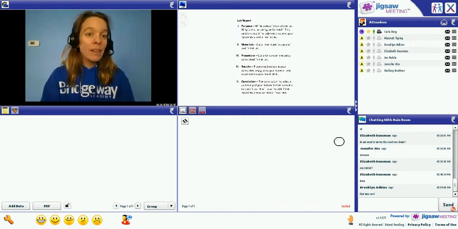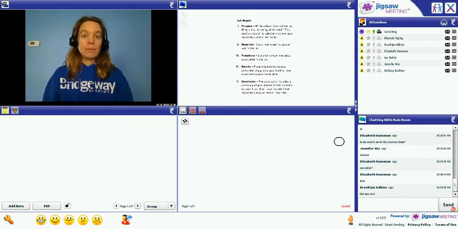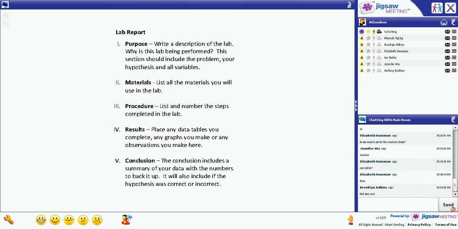This document is up on the Moodle site as well, so you can look at it. But if you look right now on your PowerPoint screen, you should see something that says Lab Report. Just so we can all make sure we're seeing it, click yes if you see the Lab Report document.